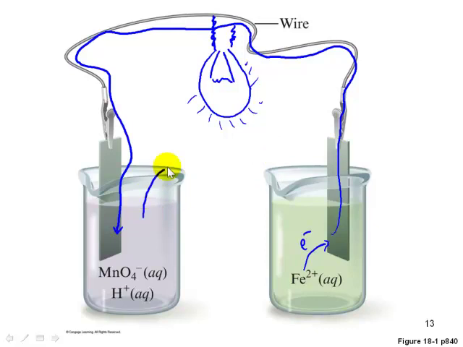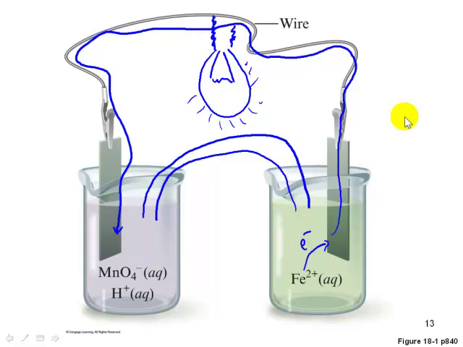As you guys are going to see, we've got to connect the beakers here with something called a salt bridge so that we can allow ions to move back and forth and equalize the charge and things of that nature. But that is why this is all very useful to understand: if I understand the redox reactions going on, this is essentially what batteries are. We have the two half reactions separated, and we force electrons to travel from one component to the other through a wire, and we harness them to do useful work.